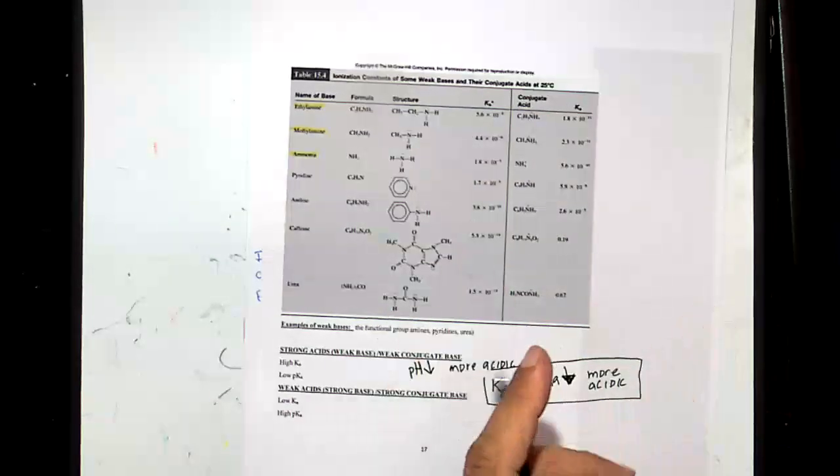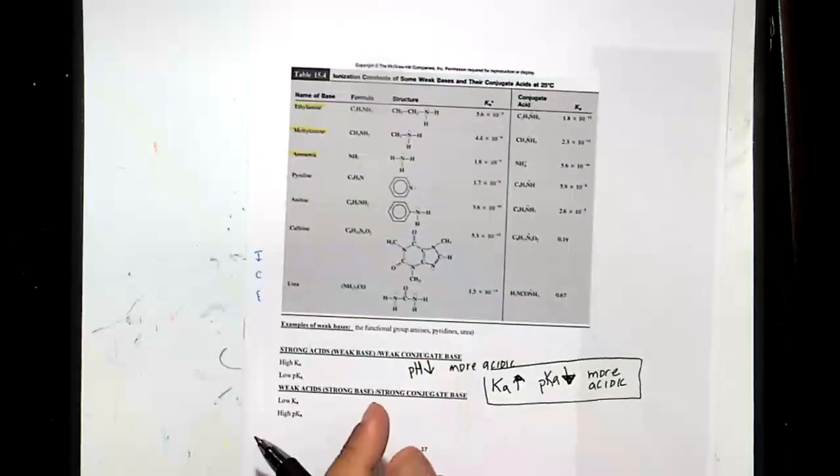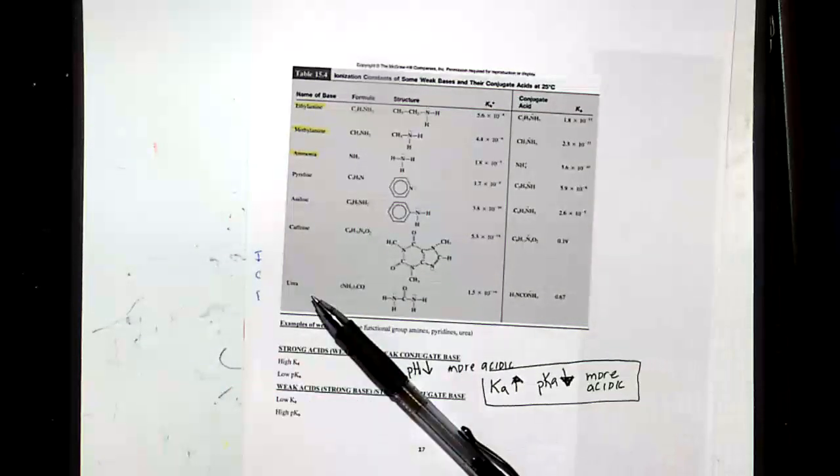So on the test, you'll be asked to rank acids. Okay, I'll give you 5 acids. How will you know which acid is the most acidic? What do I mean by most acidic? You see, an acid is most acidic if it's really, really good at giving up protons. It's really good at protonating. I'm a strong acid. Really good acid.